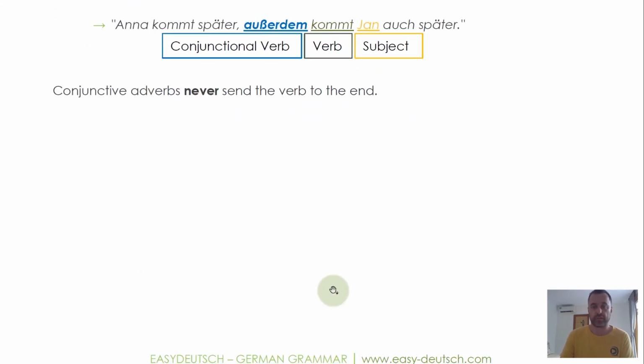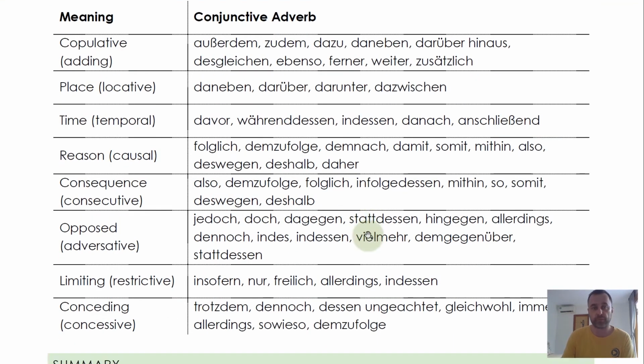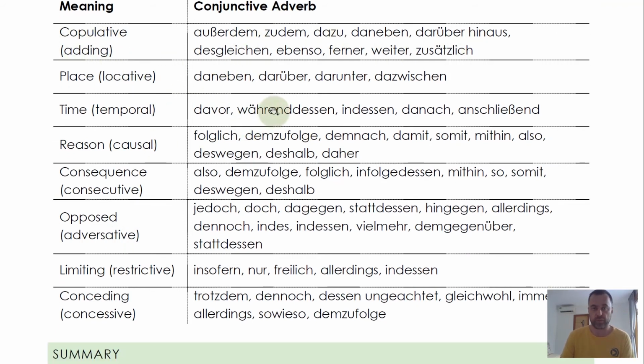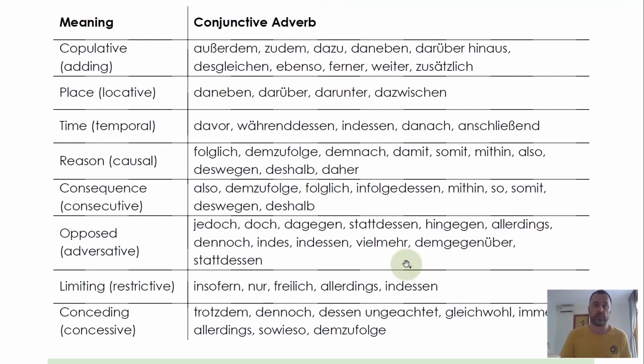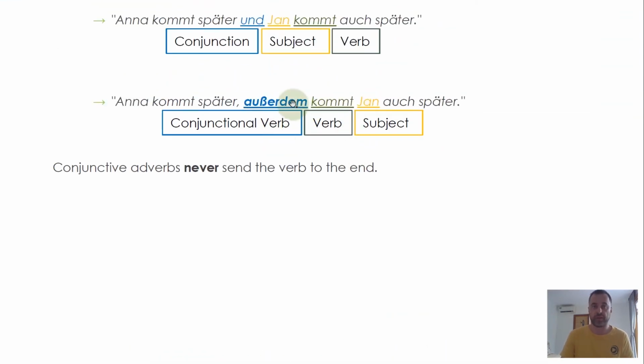Here I also have a quick overview of the most important conjunctive adverbs. You have different groups of them. They are pretty much according to their meaning, because most of them can be used as copulative, locative, temporal, causal, and so on adverbs. So you can use most adverbs also as conjunctive adverbs, but they only count as conjunctive adverbs if they are in position 1, because otherwise the focus is their actual meaning.